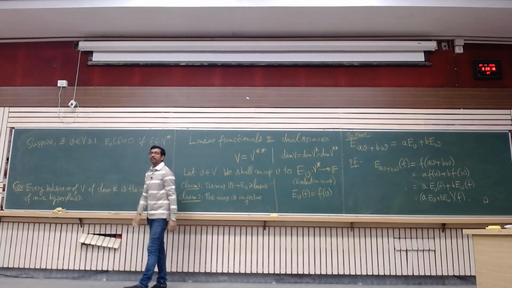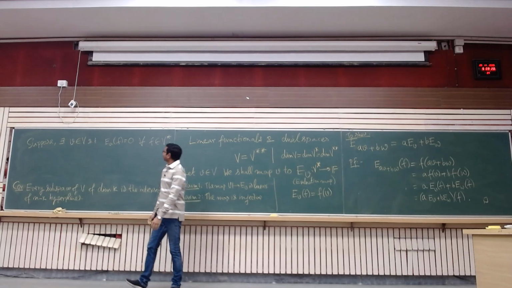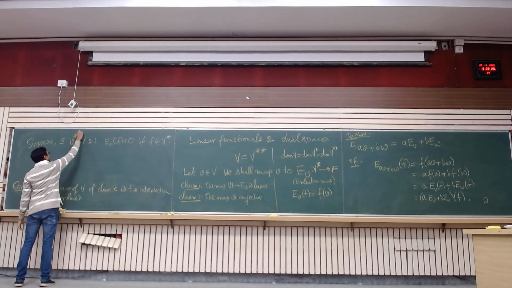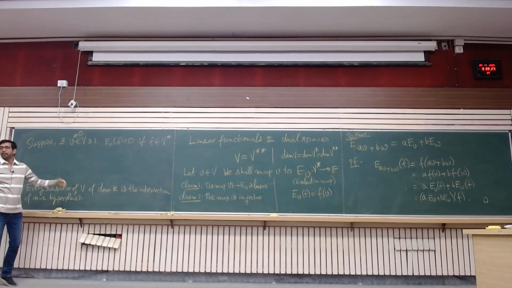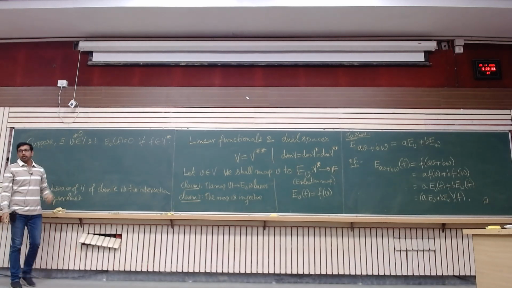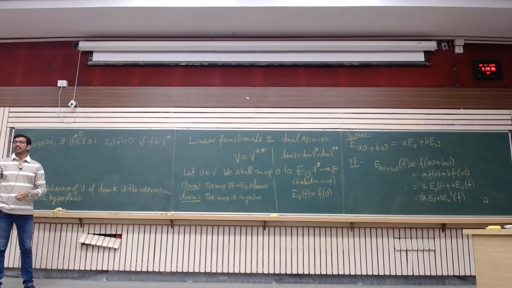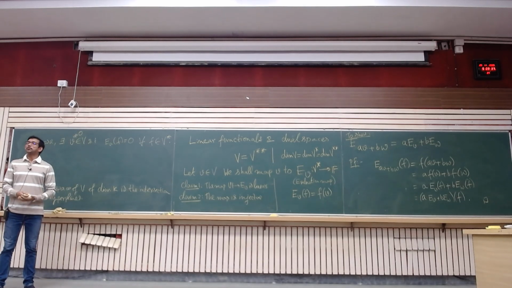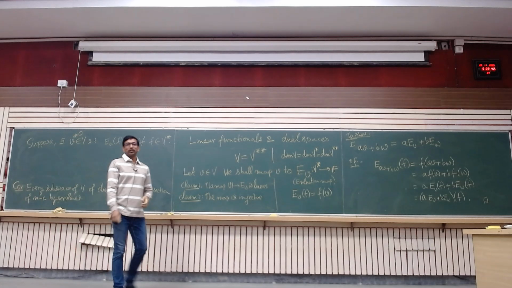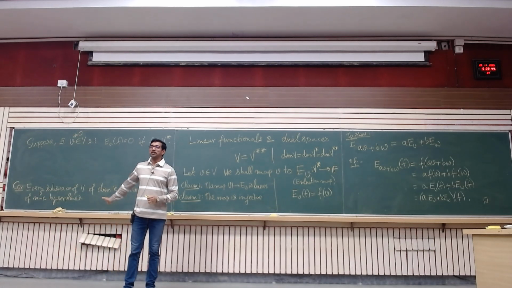Okay. And this V in V is not equal to 0, of course, because if it is 0, it's a linear map, so 0 is sent to 0 by default, right? So this V is not equal to 0 such that this is equal to 0 for all f in V dual. So please complete the proof. How should we proceed? You have enough things to complete this proof already.